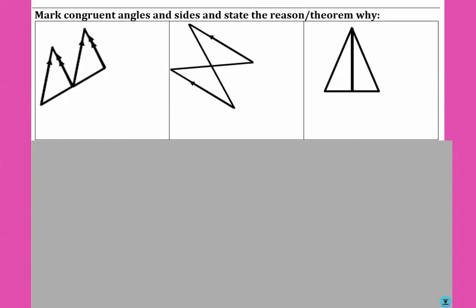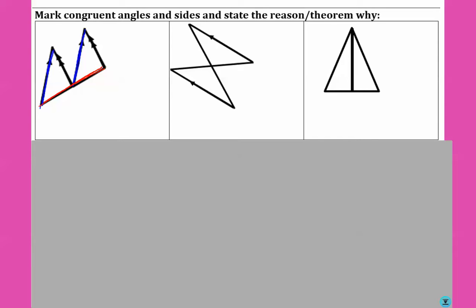Now, sometimes when we're dealing with proving triangles congruent, we need some extra information from previous units. If you look at this first pair of triangles, we have these little arrows on the lines which tell us that these two sides are parallel to each other. And they have this transversal here that touches both of them.